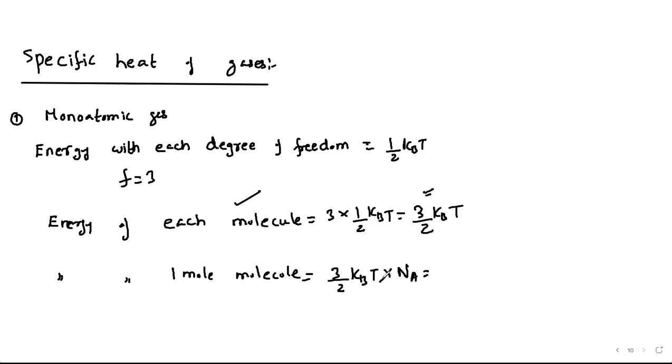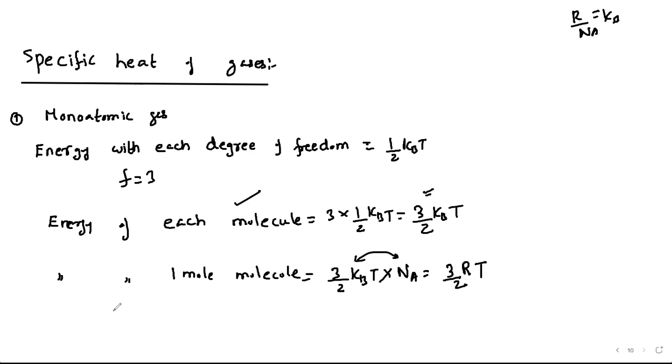Fazil, this is for one single molecule, no? One mole means Avogadro number. So if you multiply kB and NA, what will you get? You will get R, the gas constant. Remember, gas constant divided by Avogadro number is the Boltzmann constant.